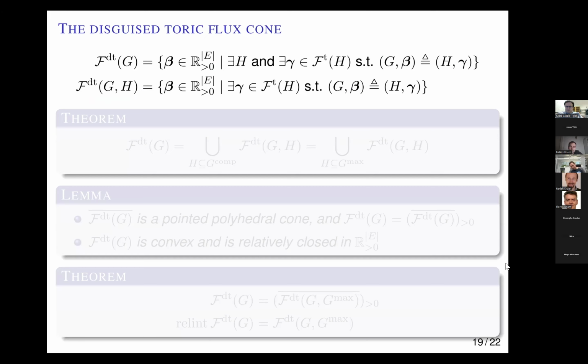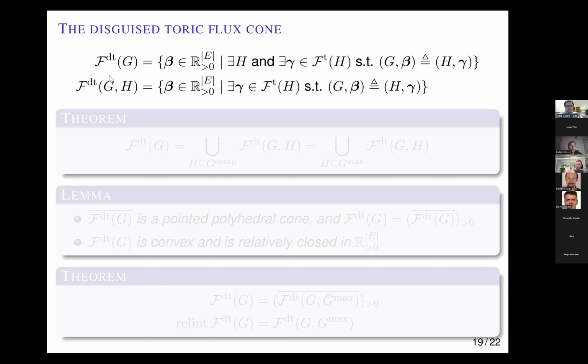So this page might be a little bit heavy, but this is the toric flux cone, the same thing that appeared before. Here, for an original graph, I want to ask whether there exists an auxiliary graph H and toric fluxes on that auxiliary graph, such that the two are dynamically equal.